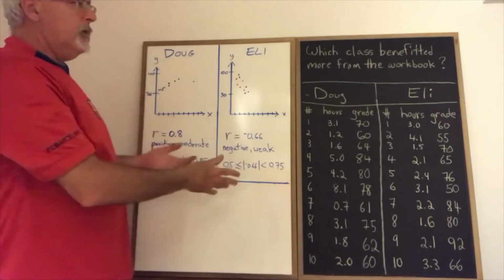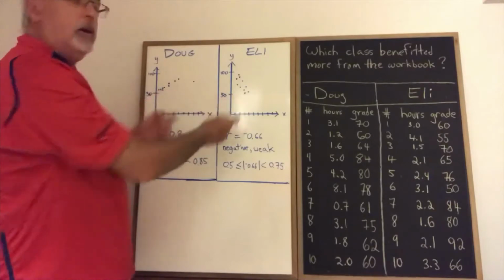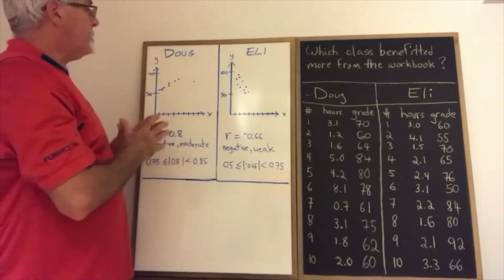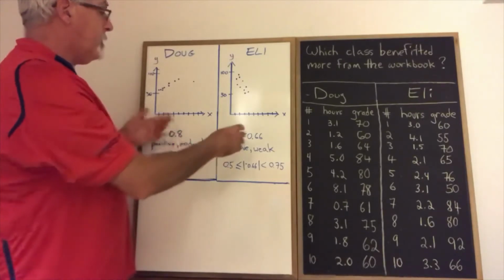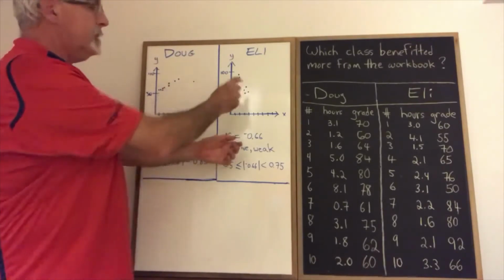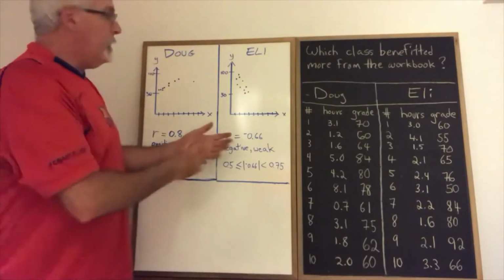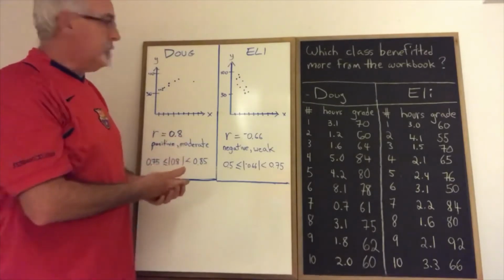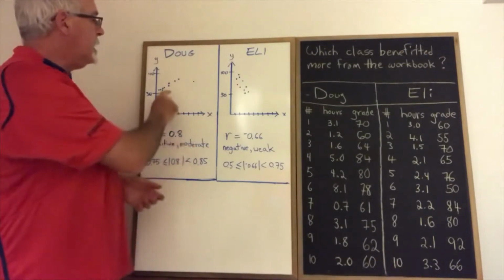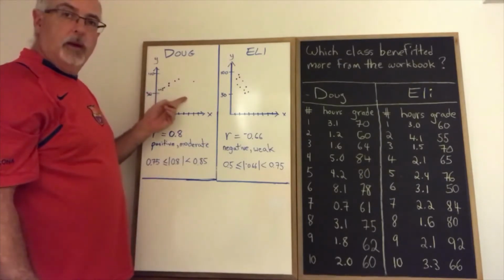Now, the first thing a student should do in this situation with this type of question is draw the scatter plot for both, because that is a way of analyzing the situation. And in fact, before you find your correlation equations, looking at the scatter plot can give you quite an idea of what you have. And right away, as a student, I'm already ready to give a partial answer to this question once I see my scatter plots, because I can see that there is a hint of a positive slope here.